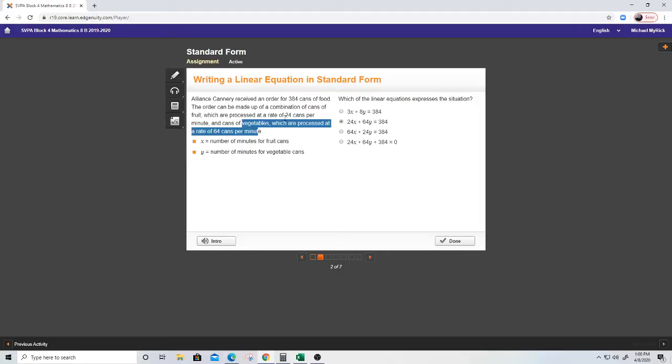We're going to have 24 cans of fruit and 64 cans of vegetables on the left side and 384 on the right side. To get this answer right, we have to make sure we have the x with the fruit, which is 24, and then the y with 64. So that should be good right there.